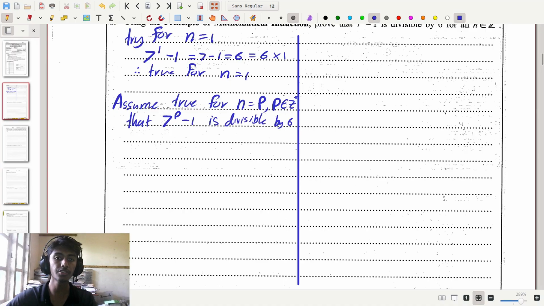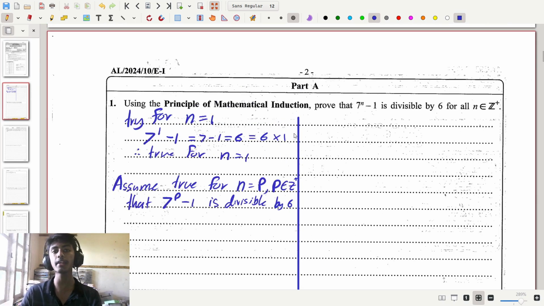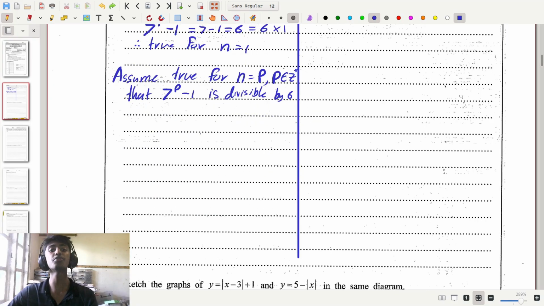Now, if any number is divisible by 6, it means that the number can be written as 6 times some integer. So if 7^p minus 1 is divisible by 6, we can say, therefore, 7^p minus 1 is equal to 6 times some integer, and for our purposes, we are going to use the symbol k.